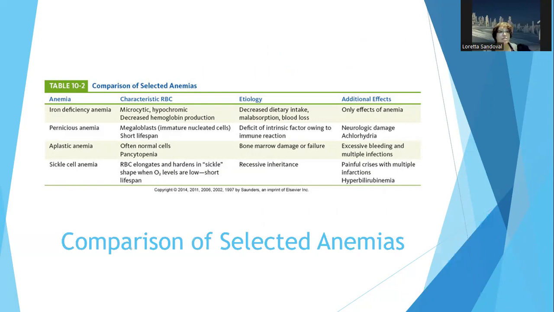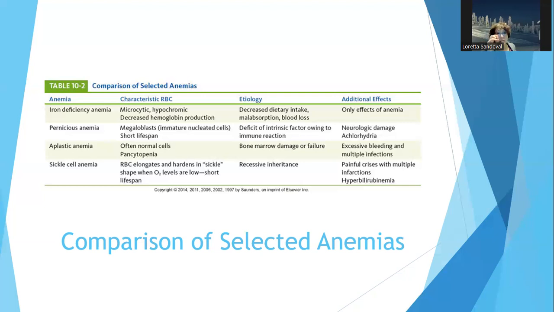Iron deficiency anemia has small, pale red blood cells because of decreased hemoglobin production. Pernicious anemia has the big boys, the big nucleated erythrocytes with a short lifespan. Aplastic anemia has pancytopenia. Sickle cell anemia has those elongated red blood cells when oxygen levels are low, and those elongated ones also have a short lifespan.